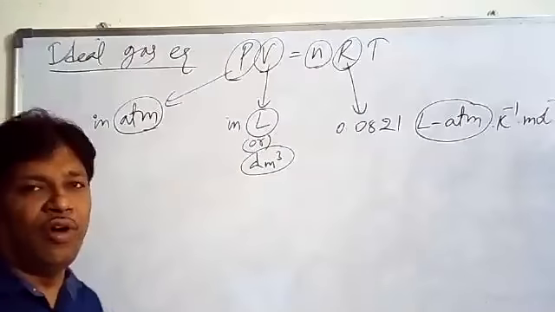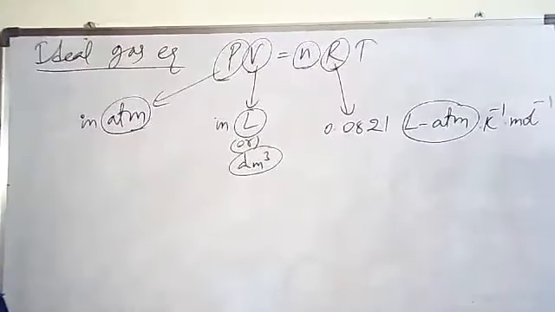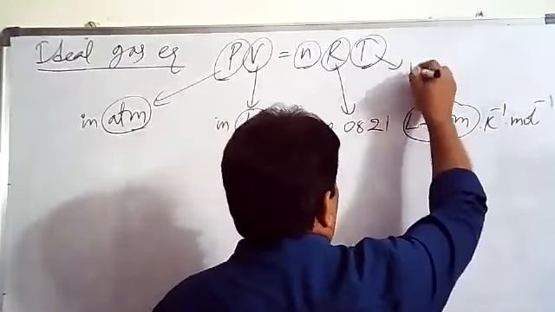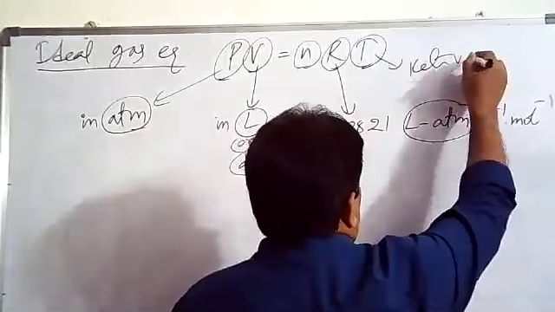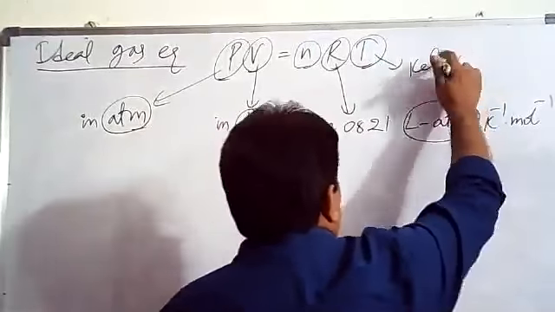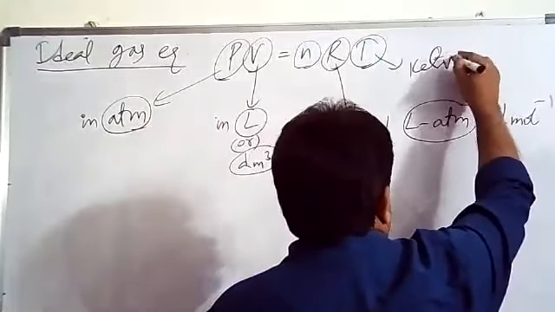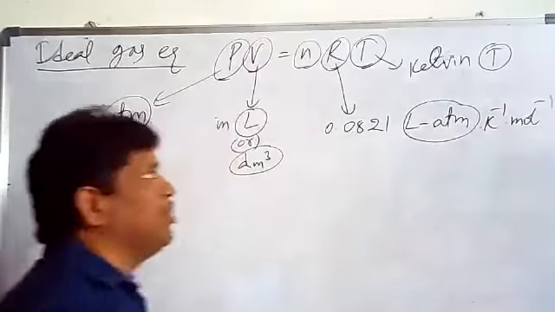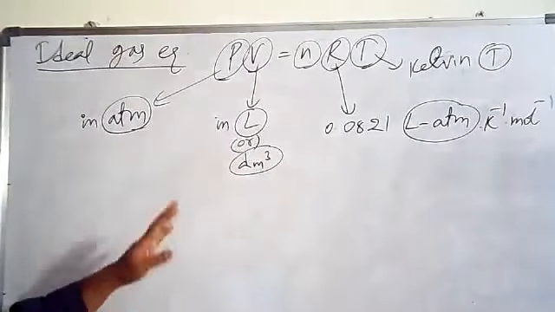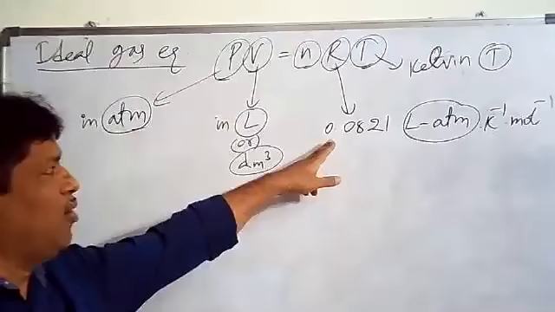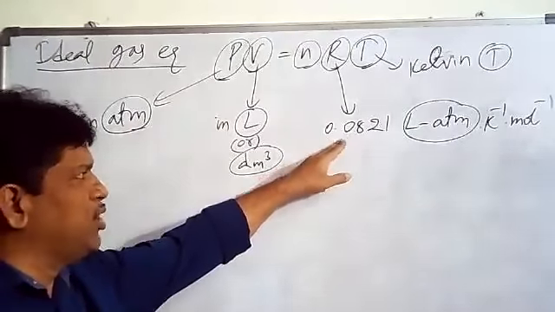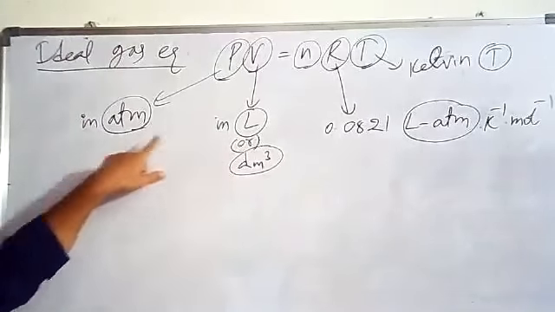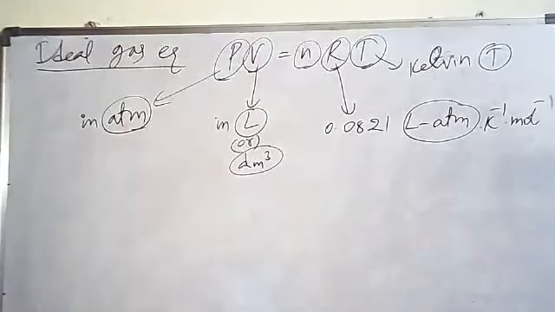Next, temperature should always be in Kelvin. Kelvin temperature means absolute temperature. So the universal gas constant is 0.0821 liter atmosphere, volume is in liters, and pressure is in atm.